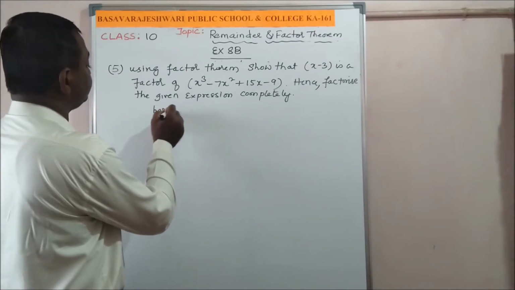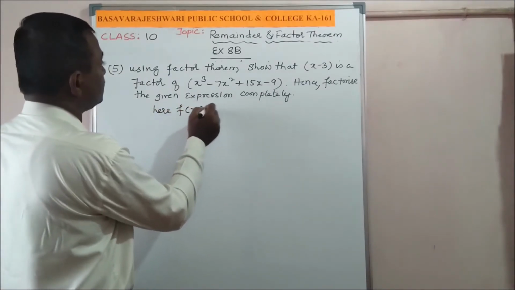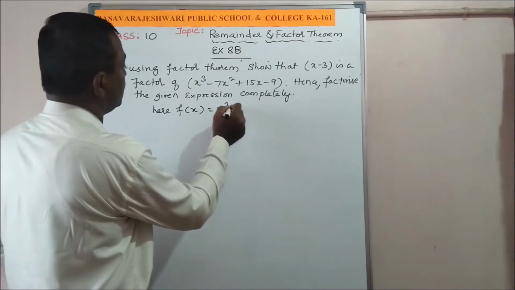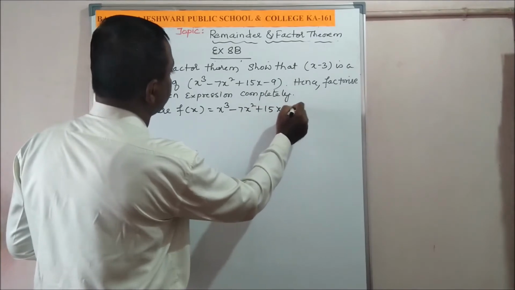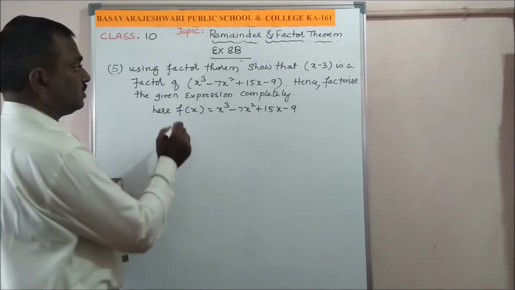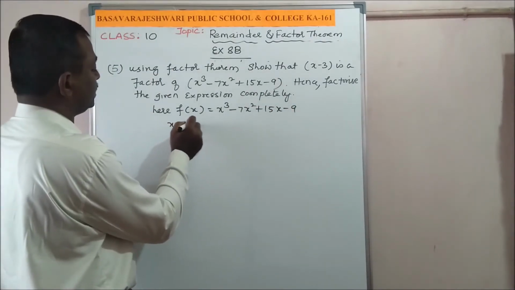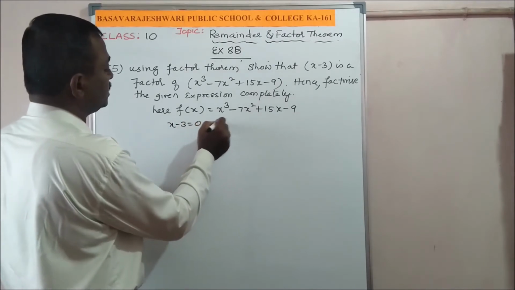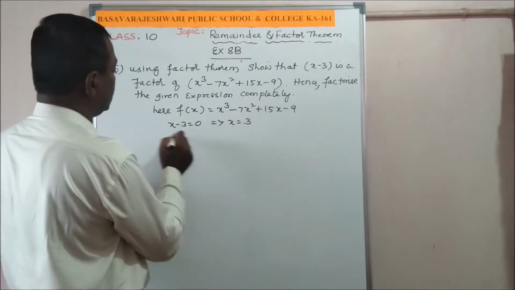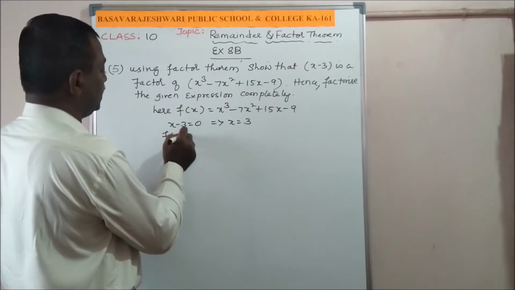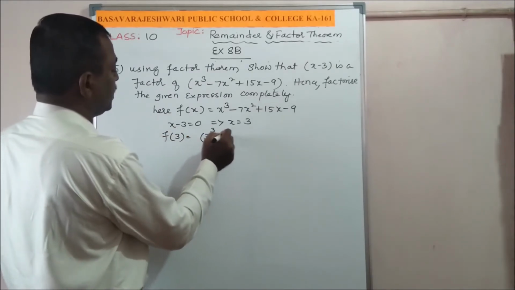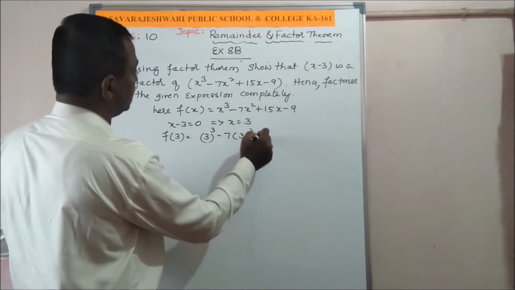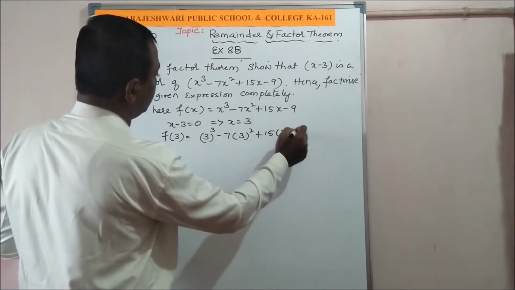Here, f of x is equal to x cube minus 7x square plus 15x minus 9. So what is the factor they are saying? x minus 3 is equal to 0. This implies x is equal to 3. f of 3 is equal to 3 cube minus 7 into 3 square plus 15 into 3 minus 9.